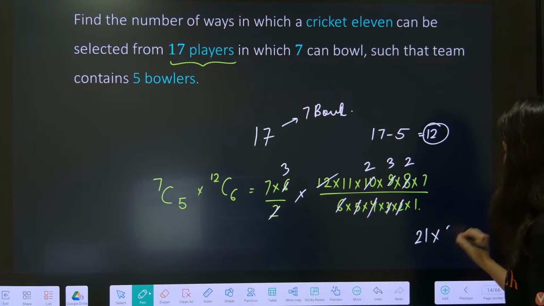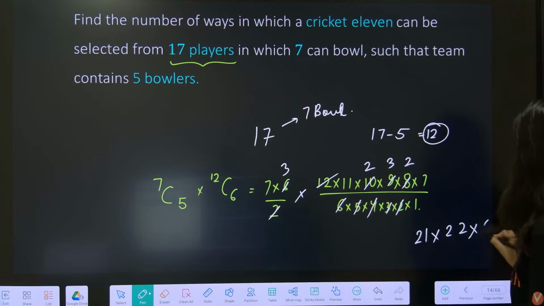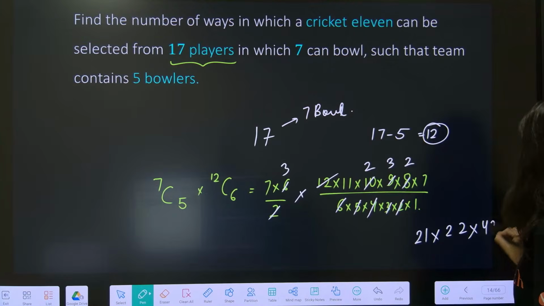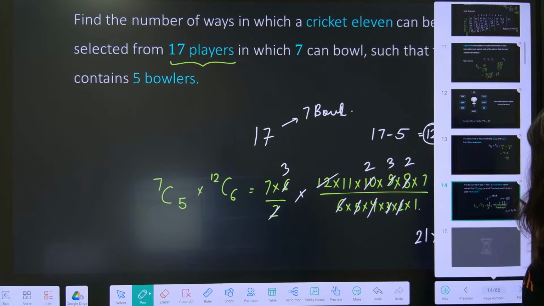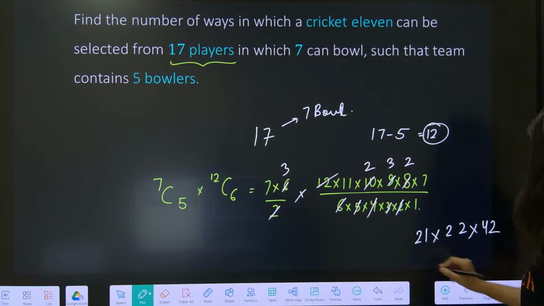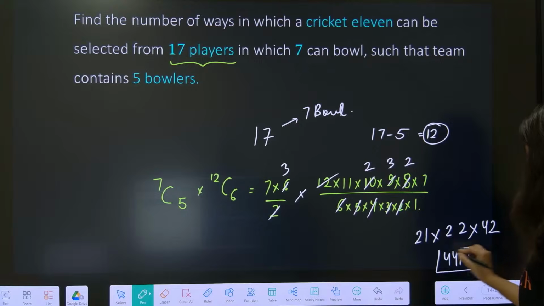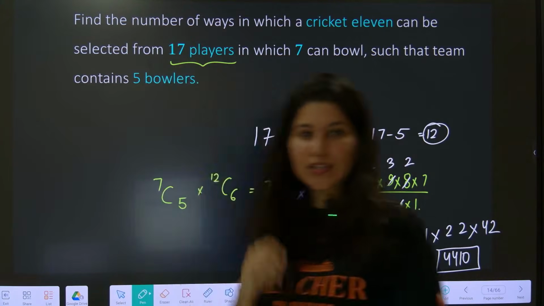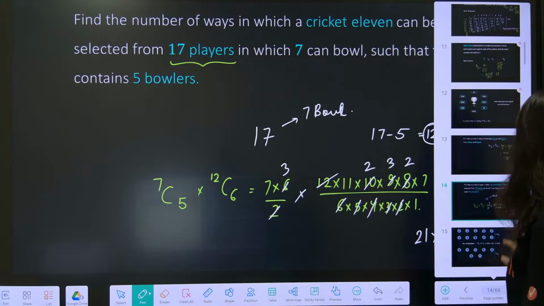This is 22. And this is 3 twos are 6. 6 sevens are 42. If you solve it, the final answer will be what? 4410. Everybody? Yes, 4410, absolutely, Abhinav. Okay, that's how you solve the questions.